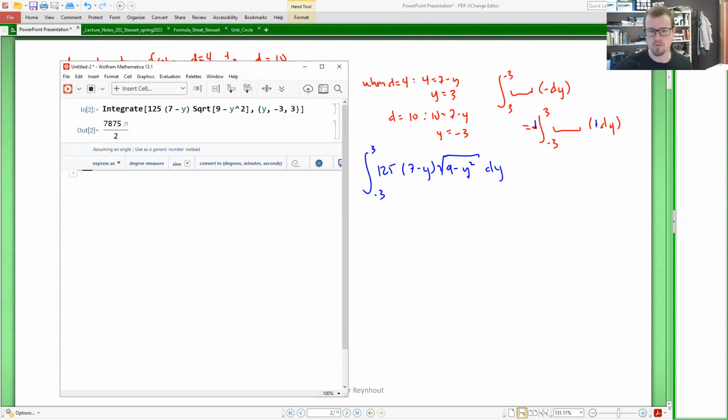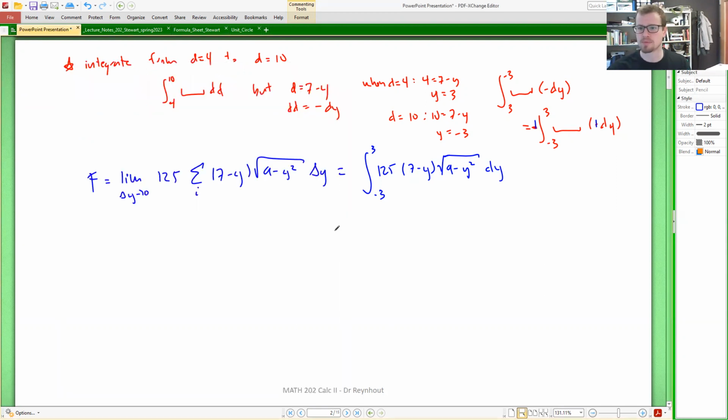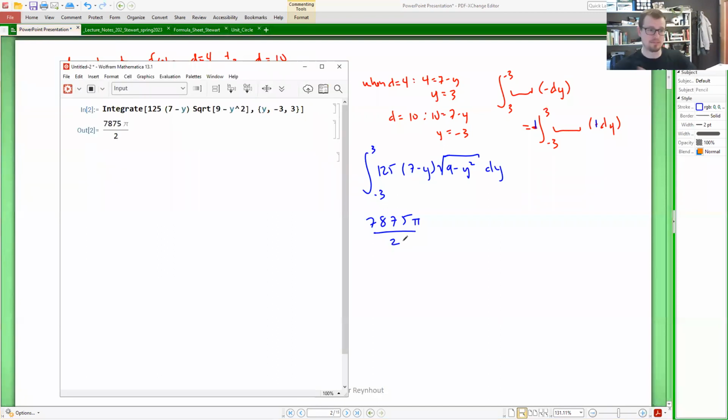I'm going to get a value, 7,875 pi over 2. So if we are using our calculator or Mathematica, we get this, 7,875 pi over 2. And that's the exact value.